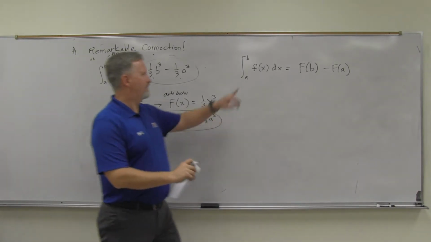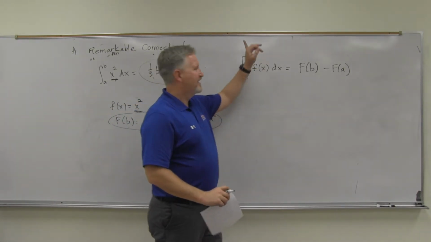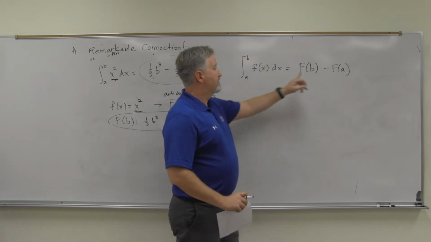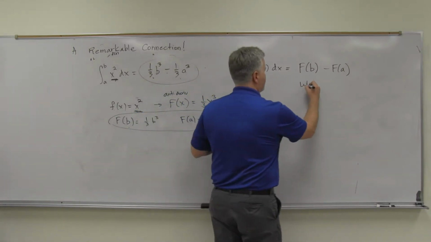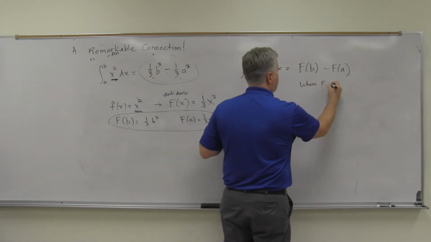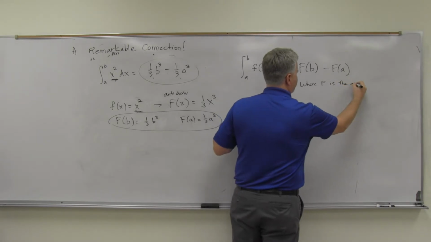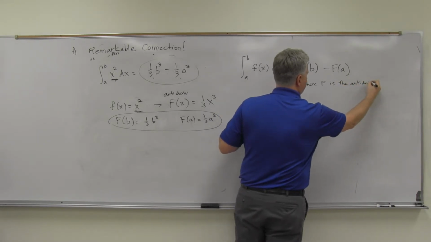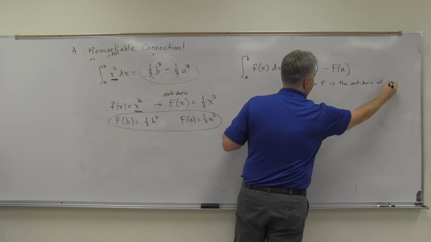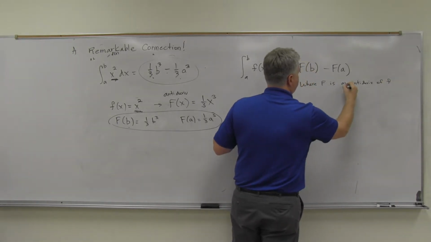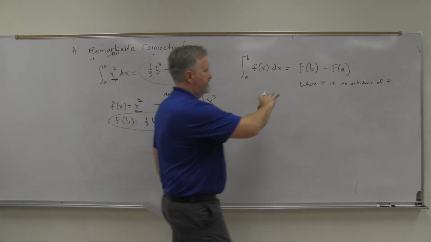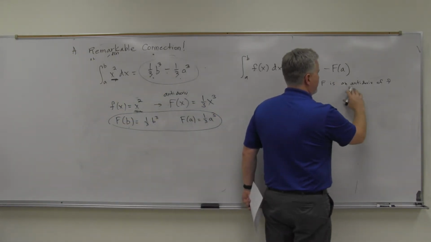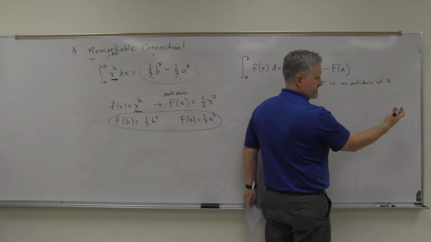If you can figure out the antiderivative of this, it's just the antiderivative at b minus the antiderivative at a. And specifically, we can say the antiderivative of f with c equals 0.